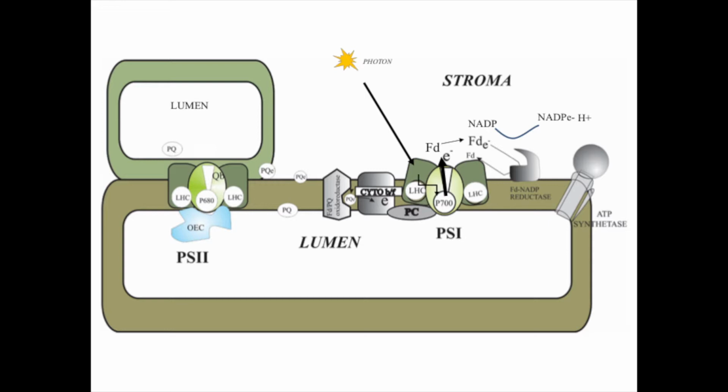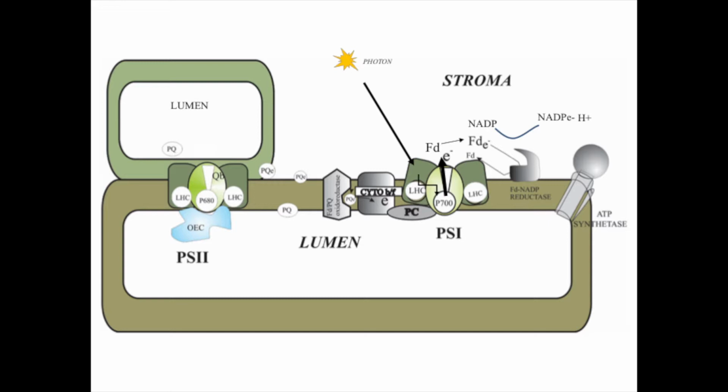Fd, with its electron, is then attracted to a nearby enzyme complex called NADP reductase. Here, the electron is taken from Fd and passed to NADP, thus reducing it. At the same time, a proton from the watery stroma is attracted to the negatively charged NADP, and it becomes NADPH.